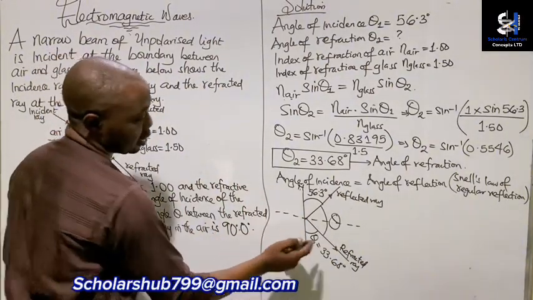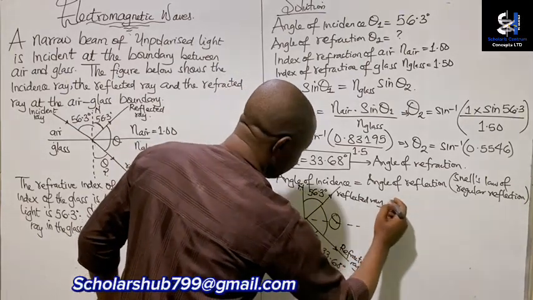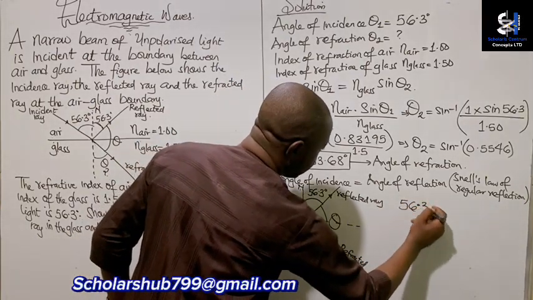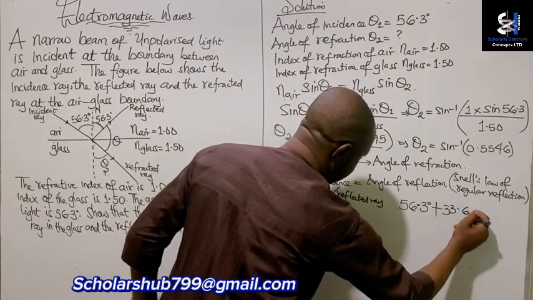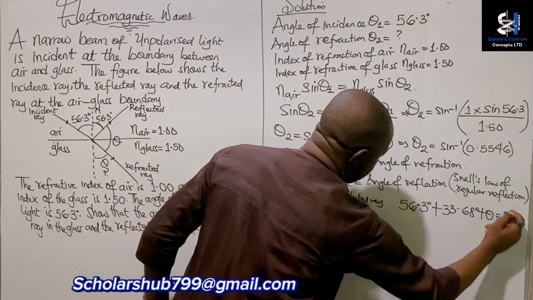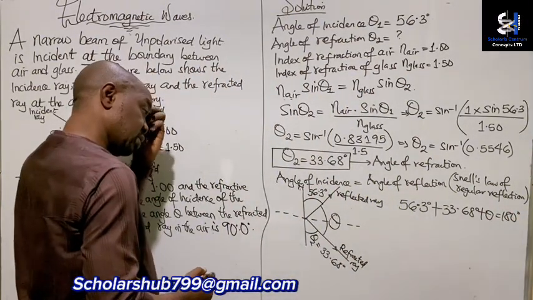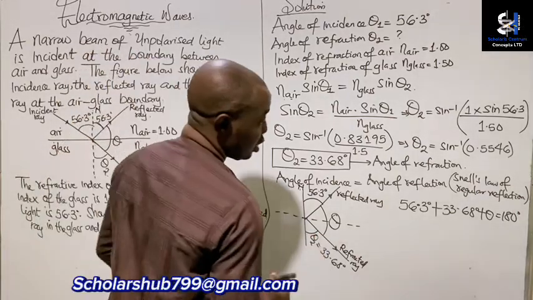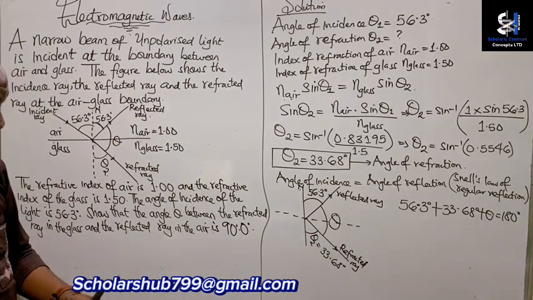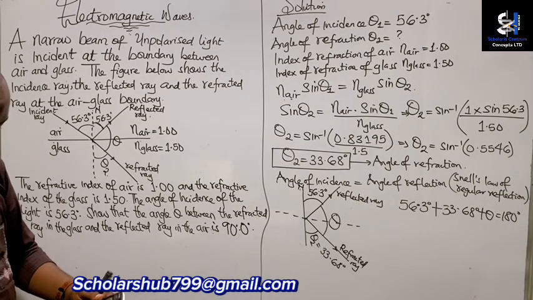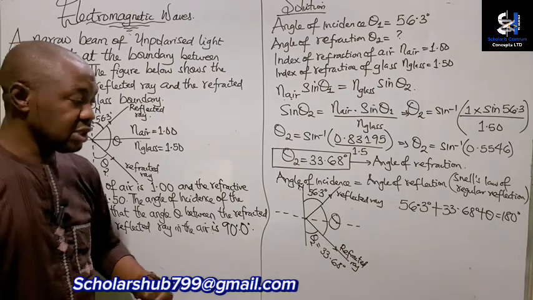This is on a straight line, so 56.3 degrees plus 33.68 plus theta equals 180 degrees. What is 56.3 added to 33.68? That is 89.98.